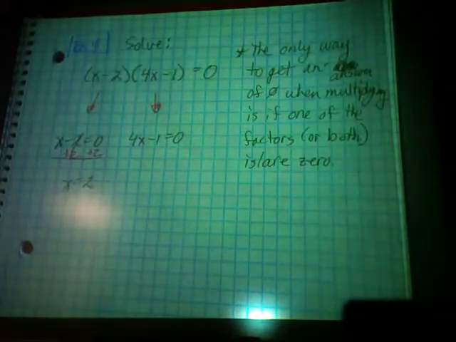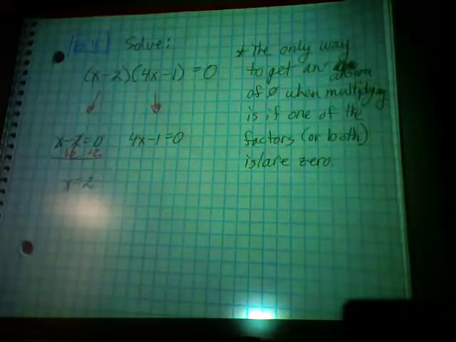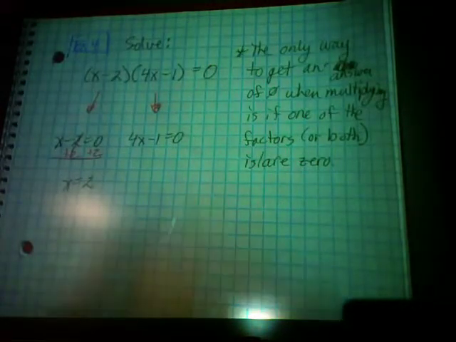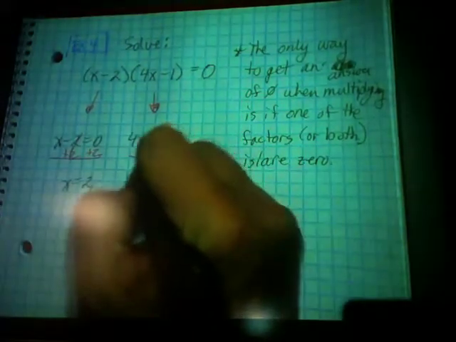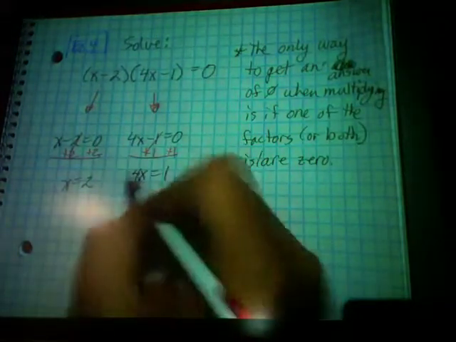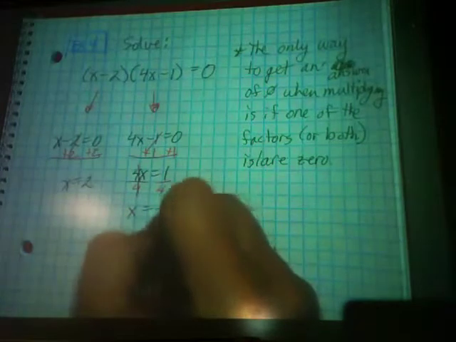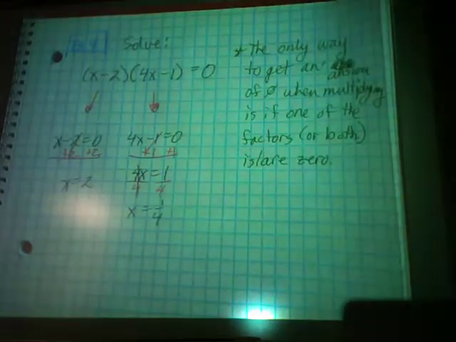Set 4x minus 1 equal to 0 and solve that. You solve it algebraically. Tell me what you get. Everybody solve it on your own. This time x is equal to 1/4.